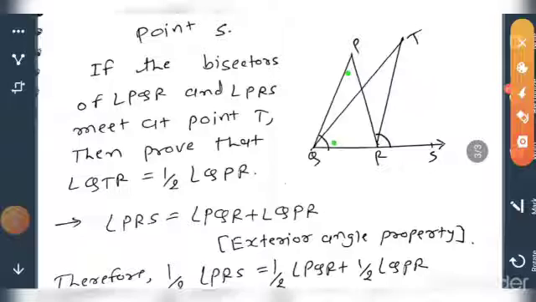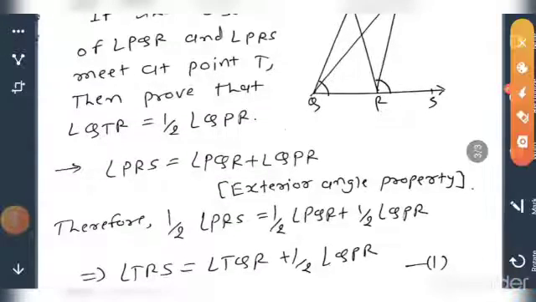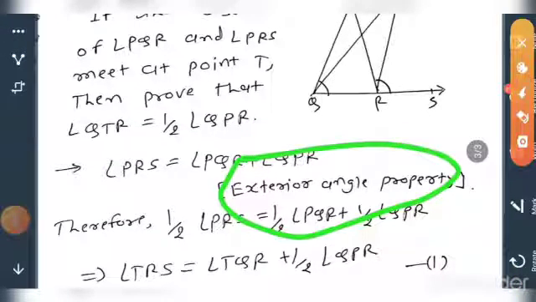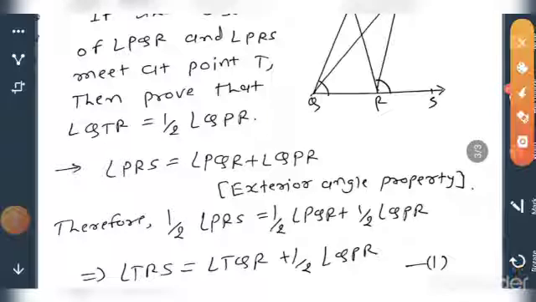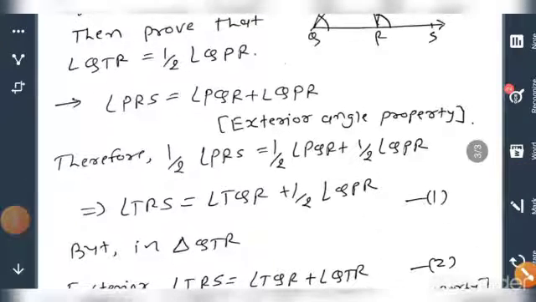So we use the property of the exterior angle for the triangle, and after that we put in the values, meaning PRS is 1 by 2 PRS, then 1 by 2 PQR, and then 1 by 2 QPR.